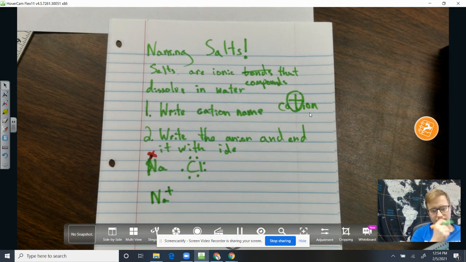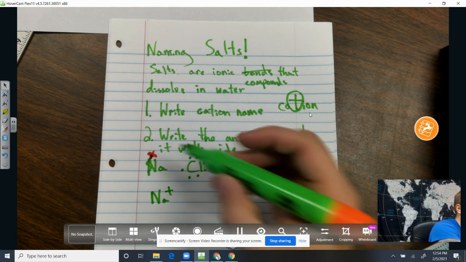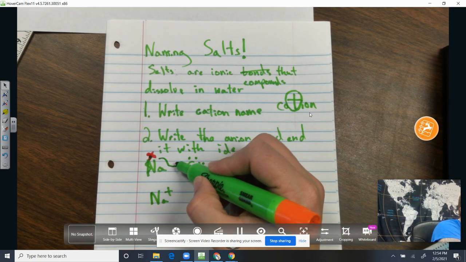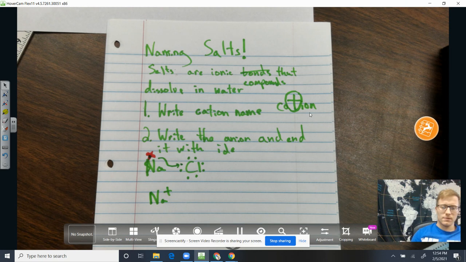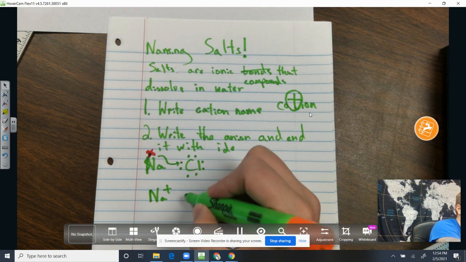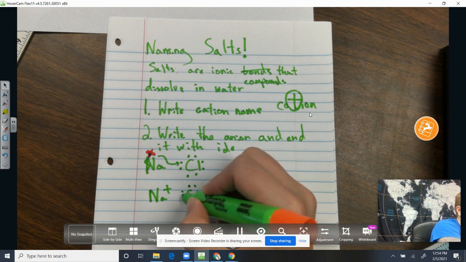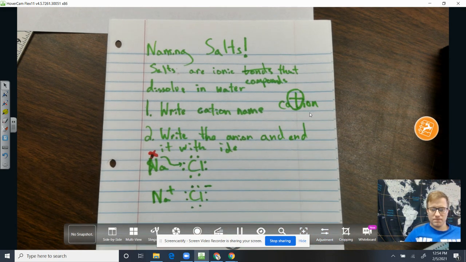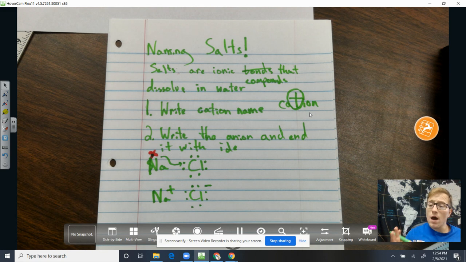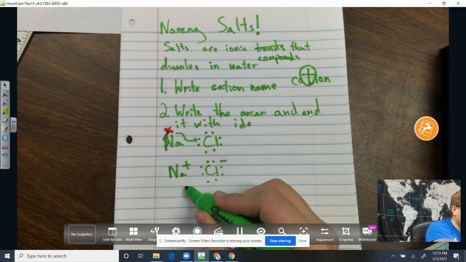Na positive. Now where did the electron go? It went to chlorine. Chlorine now has 8. It is now negative. So now we can have this ionic bond, this bond between a charged positive molecule and a charged negative molecule forming together. So now we have NaCl.